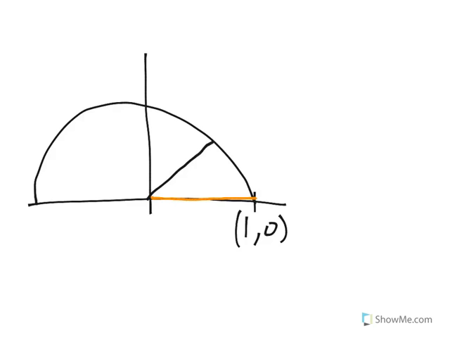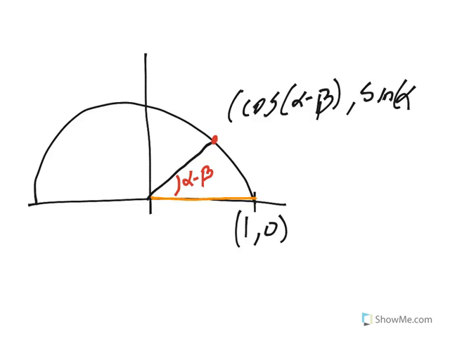It's the same alpha minus beta, but now it's in standard position. That allows me to write the coordinates of this point up here as cosine of alpha minus beta, comma, sine of alpha minus beta.